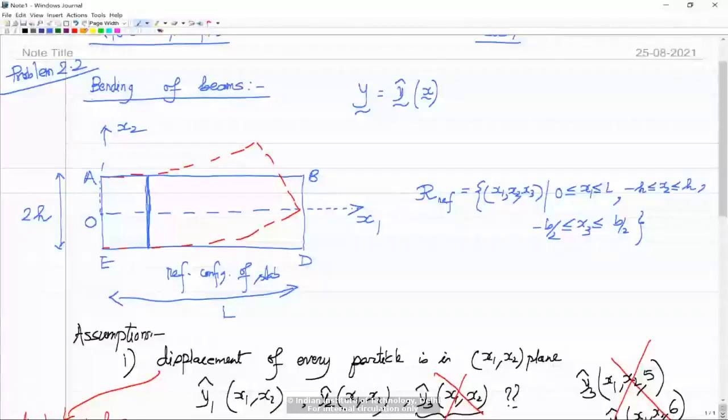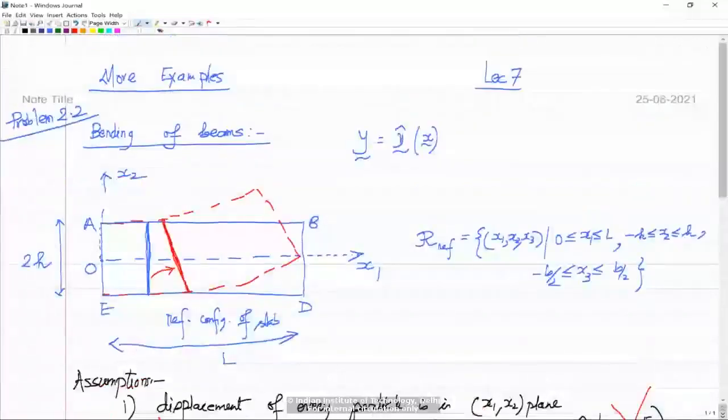So that means after deformation, this line is going to be something like this. Okay? And when you extend this line, you will have all such vertical lines converting into straight lines only.